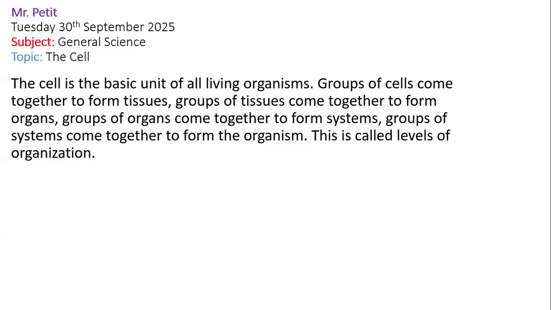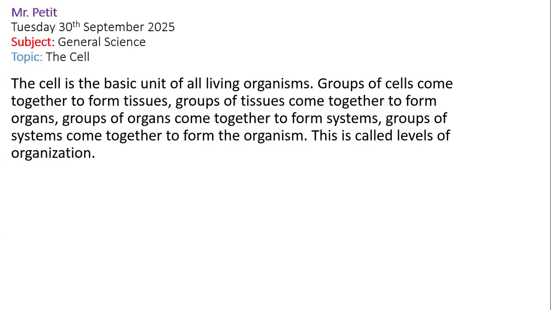Groups of schools make up a district. Groups of districts make up the whole educational system, right? So it's levels of organization, same thing. So groups of cells become tissues, groups of tissues become organs, groups of organs come together to form systems, the whole organism. But we want to focus on the cell, all right?